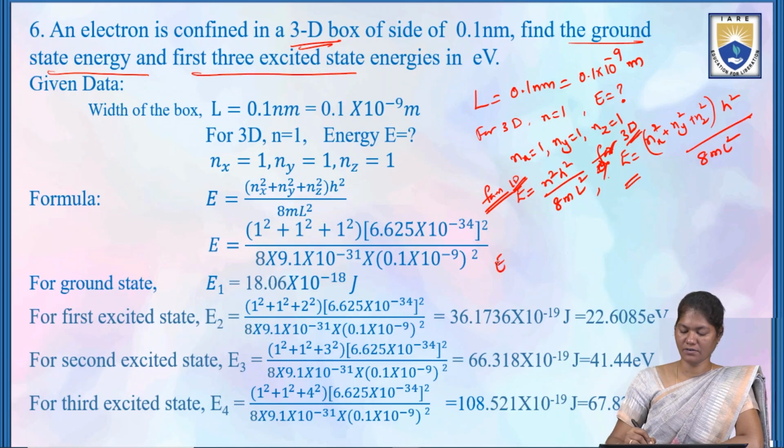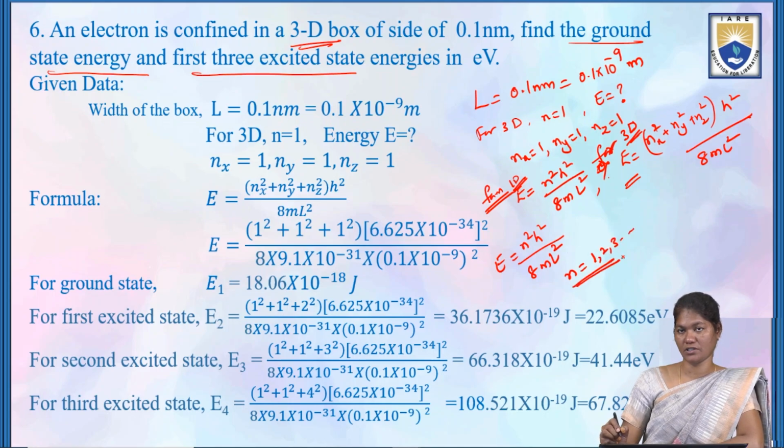So here for one dimension, E is equal to n squared h squared by 8mL squared, where n is equal to 1, 2, 3 and so on. See here, no 0 is mentioned. If we put 0, E is equal to 0 squared h squared by 8mL squared, so the eigenenergy becomes 0.